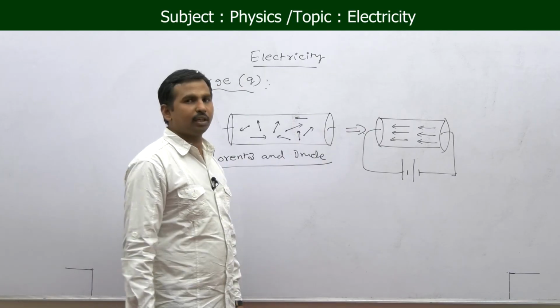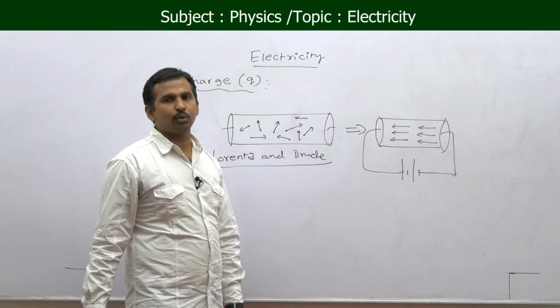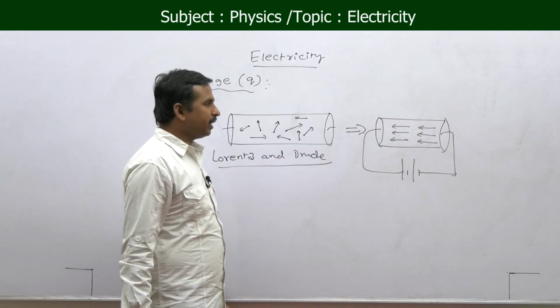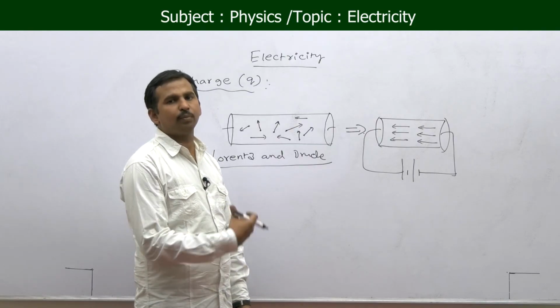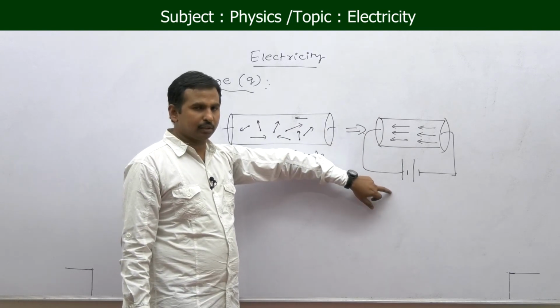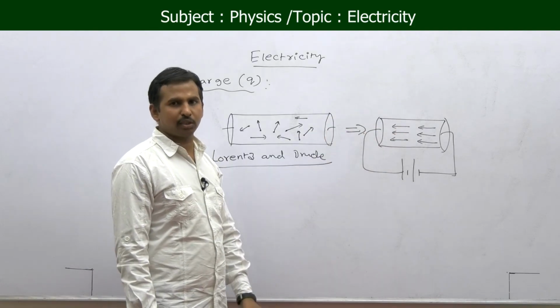But once you connect a battery, inside the battery we have a force called electromotive force. This force makes those electrons move in one particular direction, meaning the battery is doing some work on these charges.